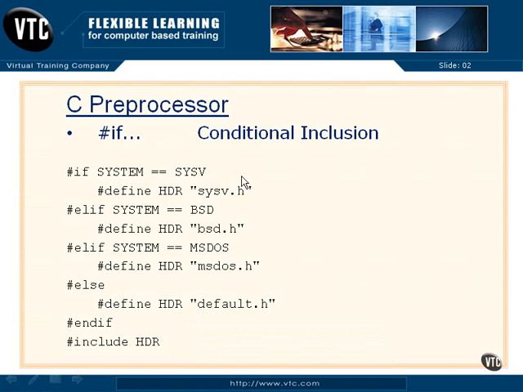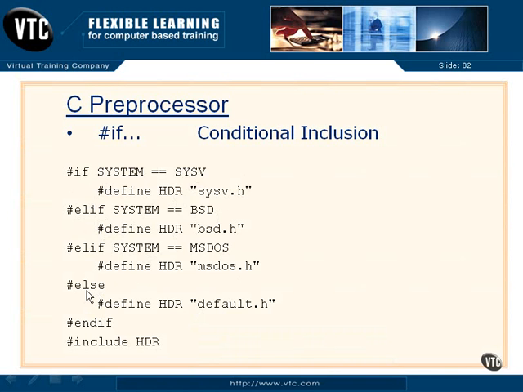Now here's conditional inclusion. In this case, if a previously defined preprocessor value called SYSTEM is equal to another previously defined value like SYSV, then we'll define our header HDR value as sysv.h. Else if, #elif, SYSTEM equals BSD, we'll #define the header as bsd.h, else if MSDOS, define the header as msdos.h, and then a final else.